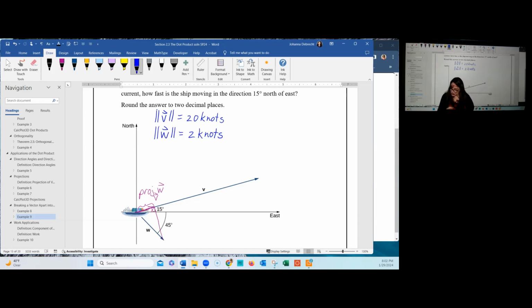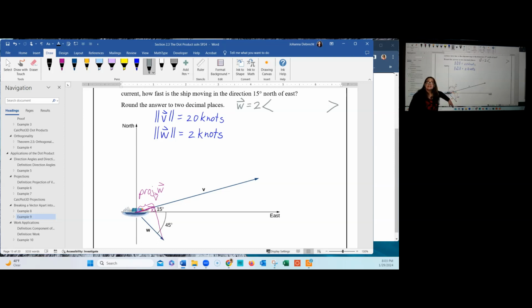Well, let's start with W, since that one is a little bit easier to understand. So when I'm looking at W over here, I need some kind of vector. The magnitude is 2, and I need to multiply by something that is in that direction, but is going to be a unit vector. Well, to me, that says cosine squared plus sine squared equals 1, and the square root of 1 is 1. So I want something that is going to be the cosine and sine of this angle.